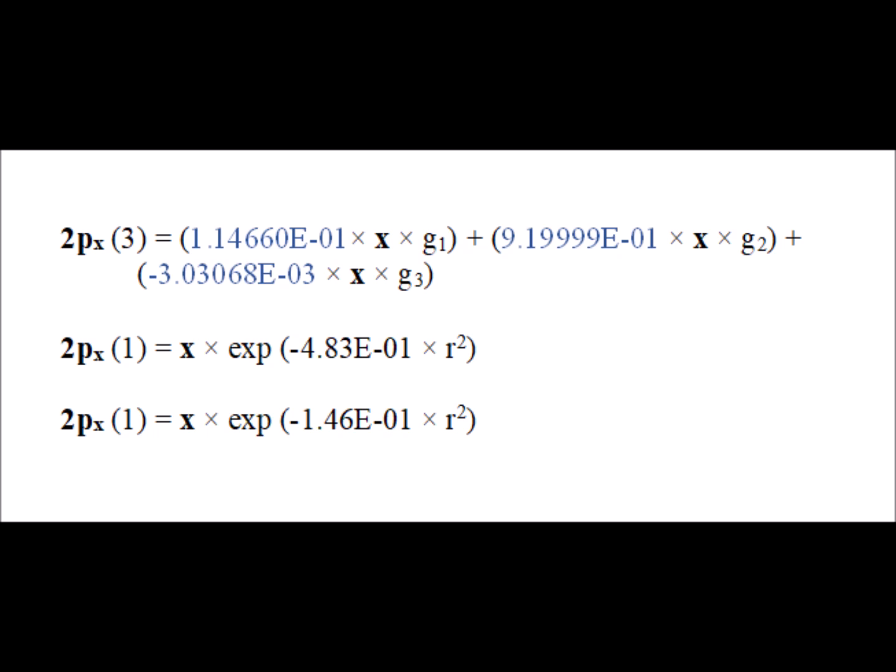So here are the three different functions that are used to model 2px. So when we say that we use three different functions, we mean three different functions for each of the 2p orbitals. So there's three functions for 2px, there's three functions for 2py, and there's three functions for 2pz. Now it may seem strange to do this, but it yields more accurate answers, which is exactly why it is done.